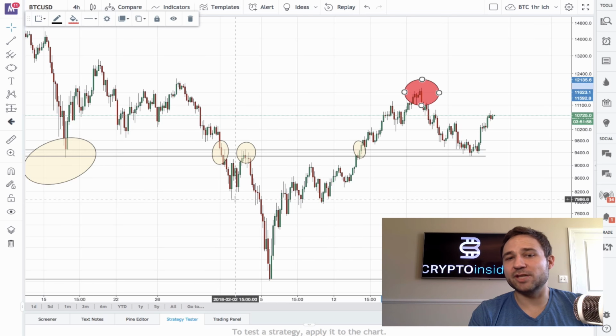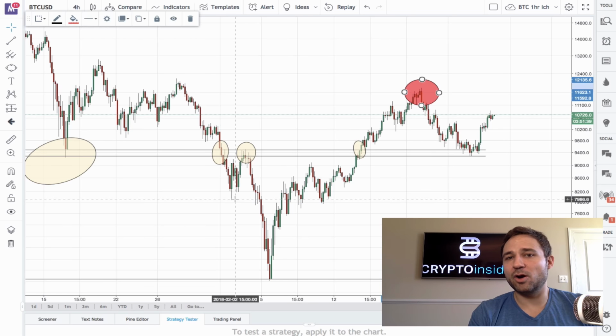If you don't understand this and you can't find an area of support and resistance, don't try to learn other more advanced trading skills until you've mastered this. This truly is the most important part about trading.